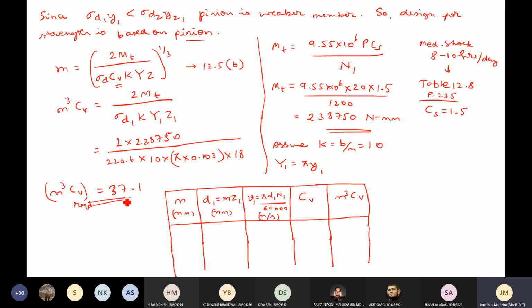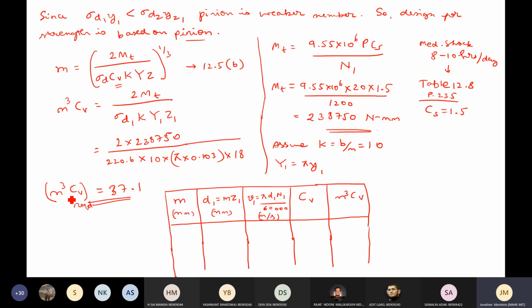Okay, now where to start with? Of course, you can start with 1, you can start with 2, but mathematically speaking, you can notice something here. See, m cube CV, this is always going to get cube with CV. One problem we have solved, and you know that CV value will always come less than 1, 0.5, 0.6, 0.4 and so on.